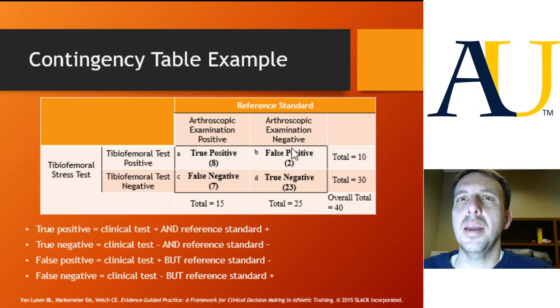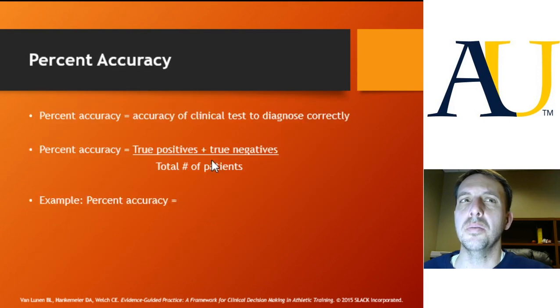Whereas here we have 2 individuals that were told they had the condition by this fictitious test but did not, and then 23 true negatives. And so you can see how we create this situation where all 40 individuals have been accounted for, and we just classify them based on whether or not there was agreement or disagreement between the tests.